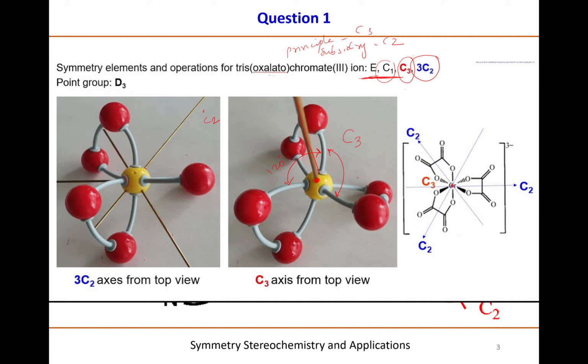You can see here 1, 2 and 3. You can see the molecule here also, and you can imagine in 3D. Because we have two different types of axis, principal and subsidiary, the point group will be denoted by D. Now because the principal axis is 3, we will write here 3.